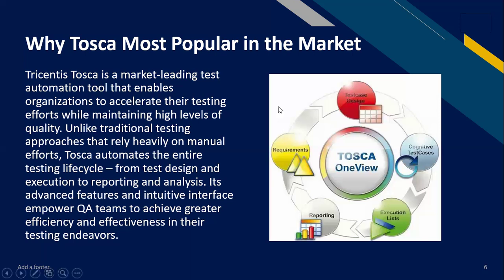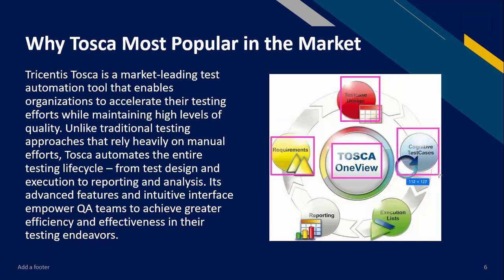Why is it most popular? Because in Tricentis Tosca itself we can maintain our entire project-related requirements. We can create our data, like which data we have to use to test the application, and we build the test cases here itself. We can run the scripts without any third-party integration tools like Jenkins or Bamboo.